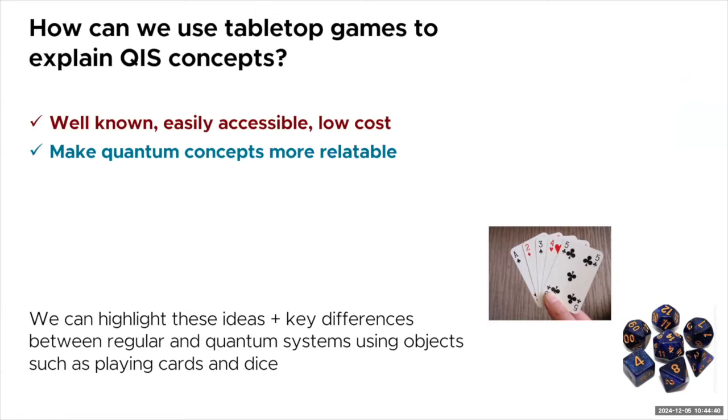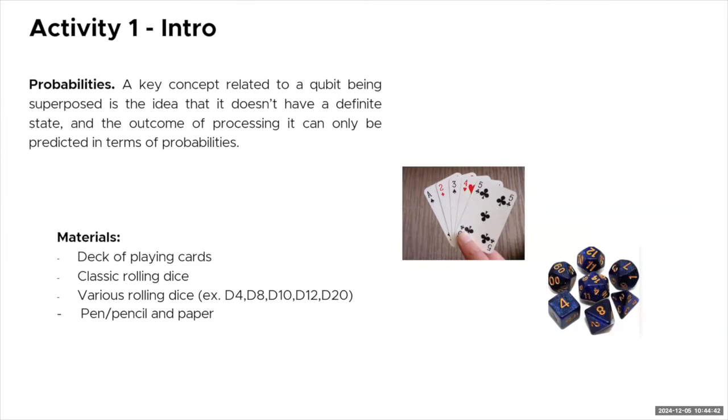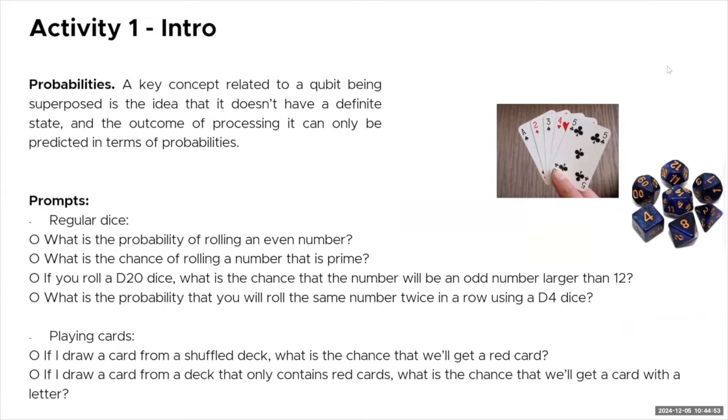So I'm thinking first they can start with a more tactile experience, in which maybe the teacher hands out some cards or dice, and then starts asking them some questions just to motivate the idea of probability. This is an idea that is very much related to qubits, because if they are superposed, then they don't have a definite state, and their outcomes come out with some probabilities of being either this or that.